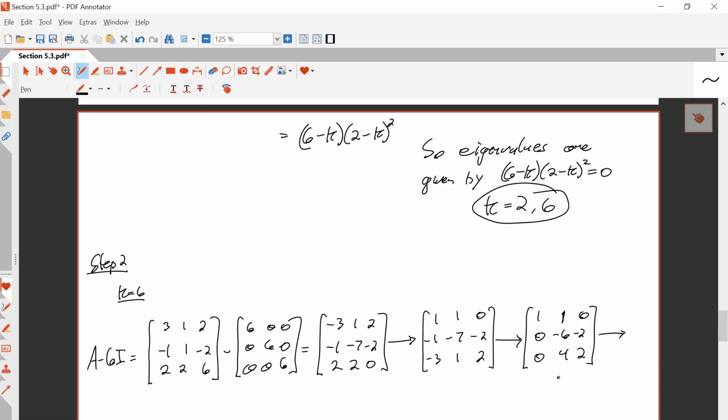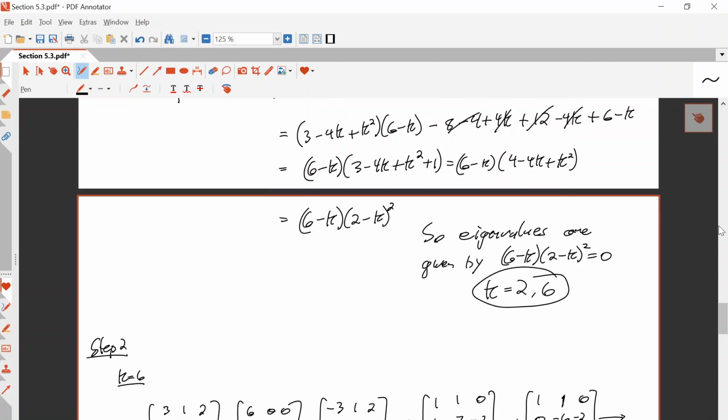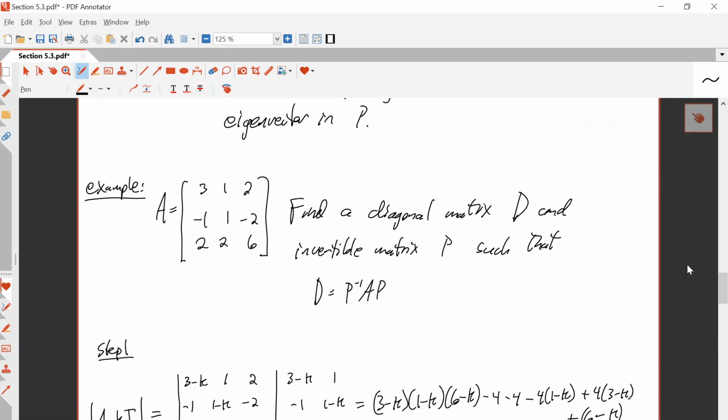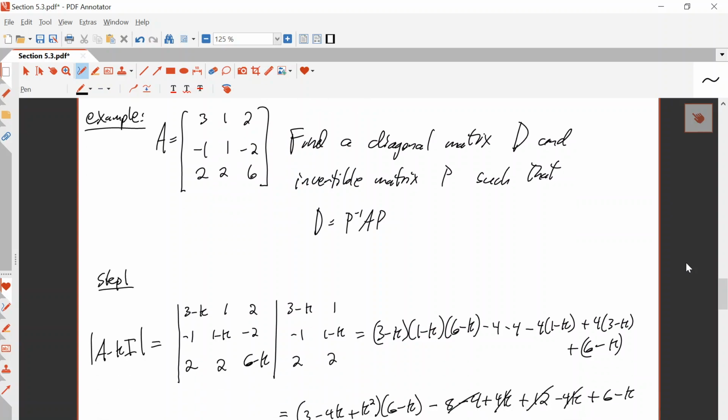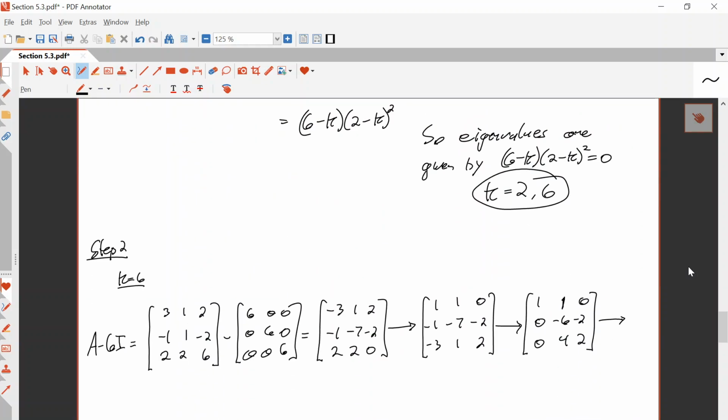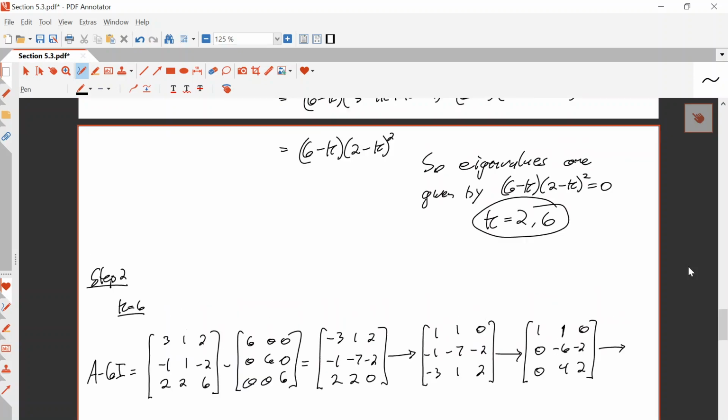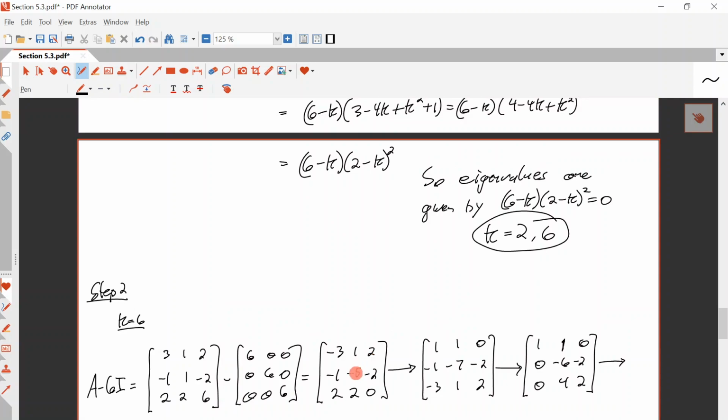Did I copy that down? Did I copy that? This is minus 5 here. 1 minus, no, it's positive 1 minus 6 is minus 5, so that's minus 5.